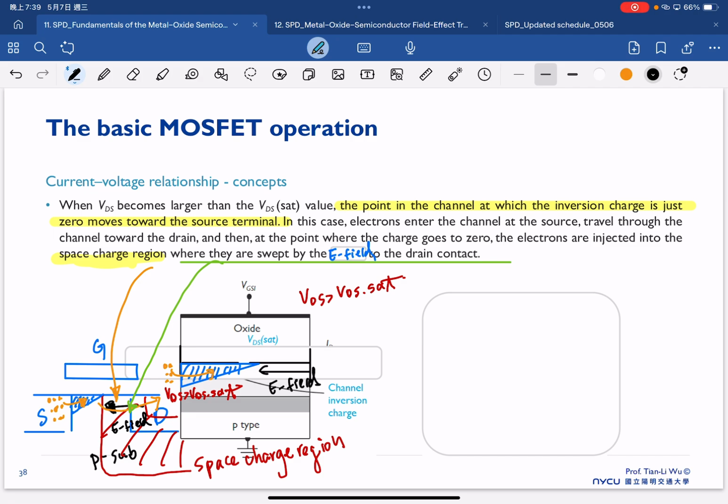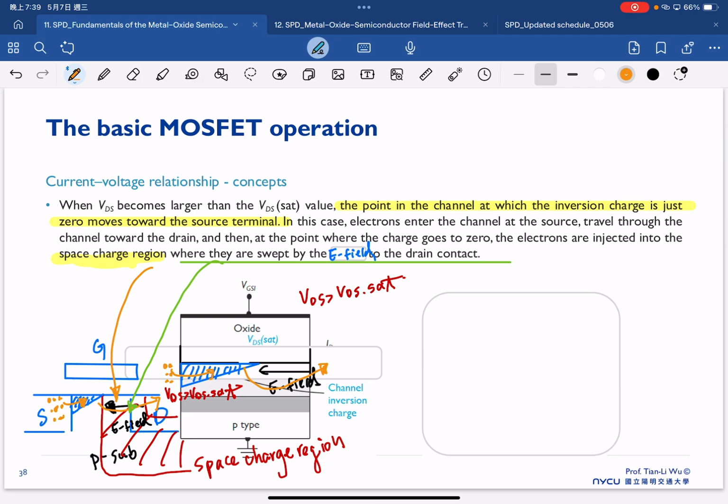With the help of this electric field, our electrons can reach the drain side and become a current here. So that's the last part of our MOSFET operation under the high drain bias.